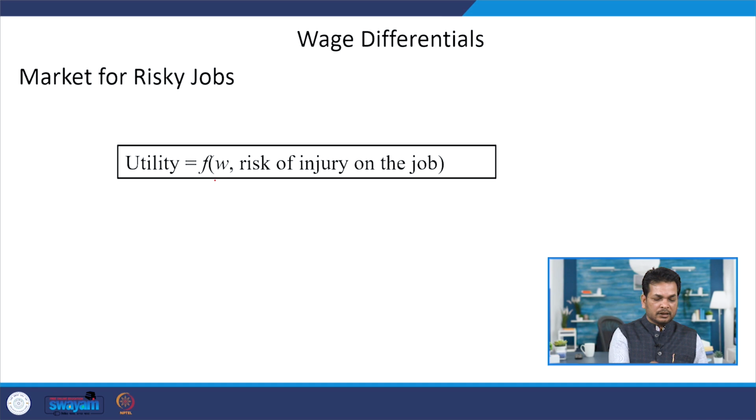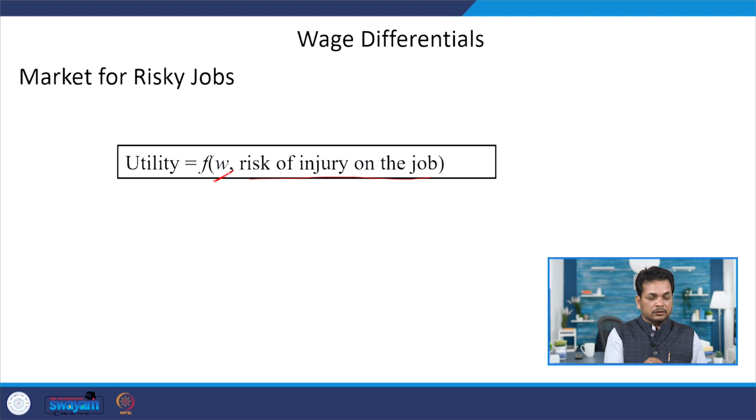So, if you want to write the utility function of a worker, we can write it like this: utility is a function of the wages they are going to get by working in that environment, risky or safe, and the risk of injury, or the degree of injury, involved in the job.